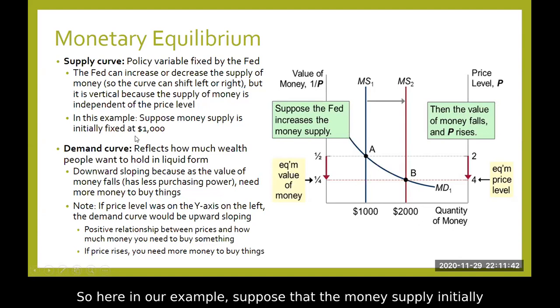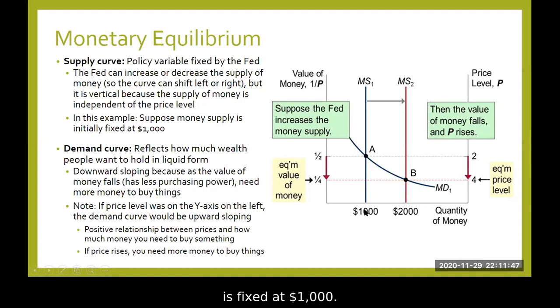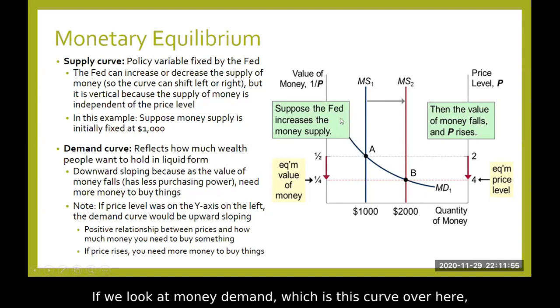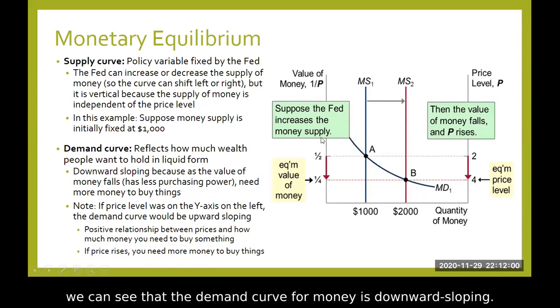Here in our example, suppose that the money supply initially is fixed at 1,000. So here we're at MS1 and the amount of money we have in circulation initially is 1,000. If we look at money demand, which is this curve over here, we can see that the demand curve for money is downward sloping.